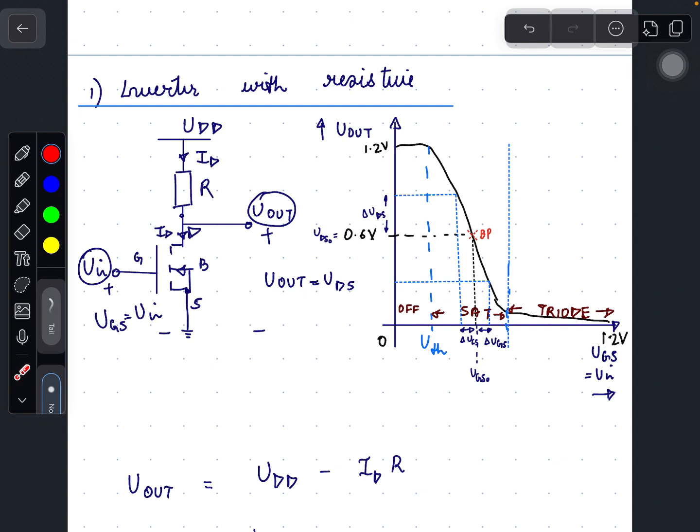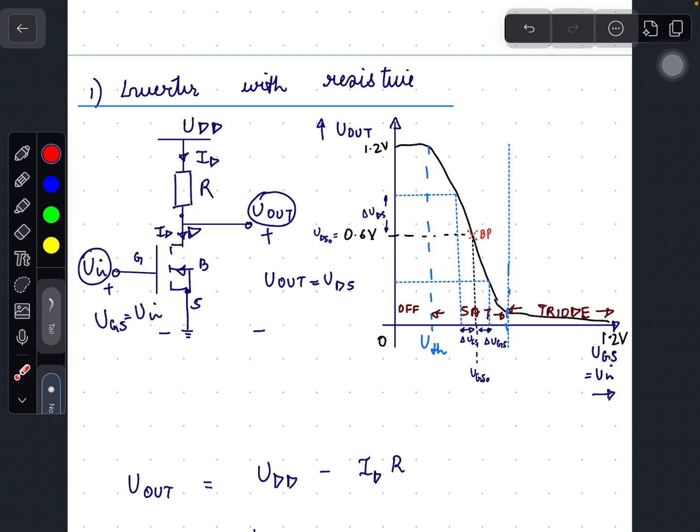So in this region the MOSFET is operating in the saturation region, and when UDS is lesser than UGS minus UTH, that is in this region, the MOSFET is operating in the triode region.